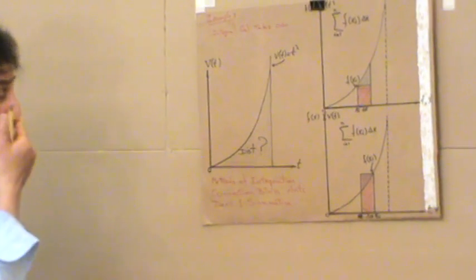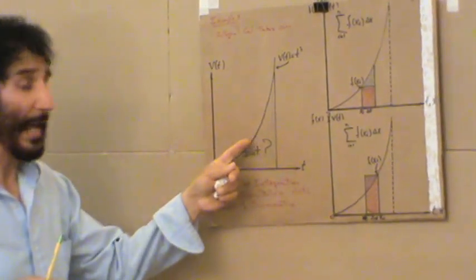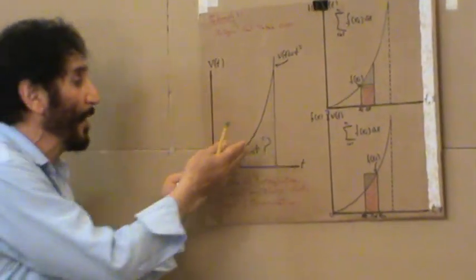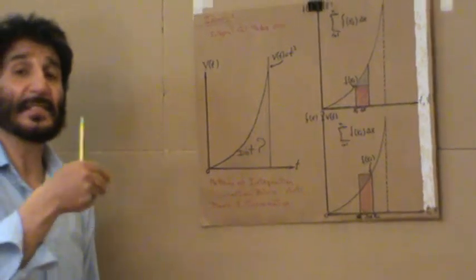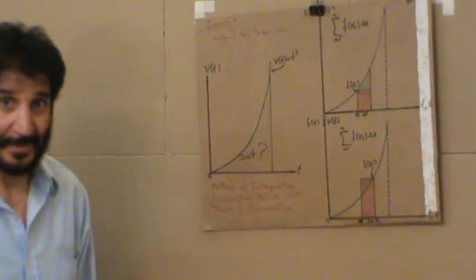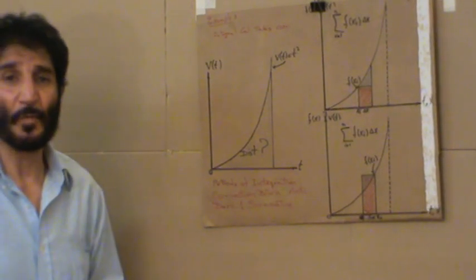Now, to answer that question and show that yes, this is indeed the area, we have to find the area under this curve and show that, excuse me, I said area, this is indeed distance. So what do we do with this? We are handicapped. We don't have the formula that we had.